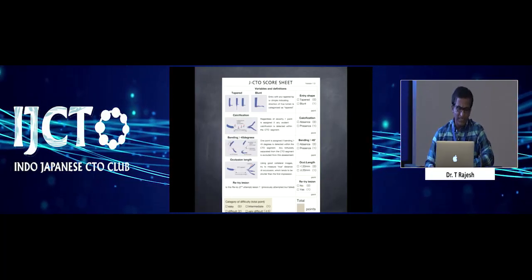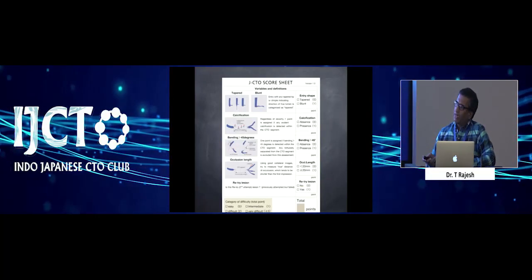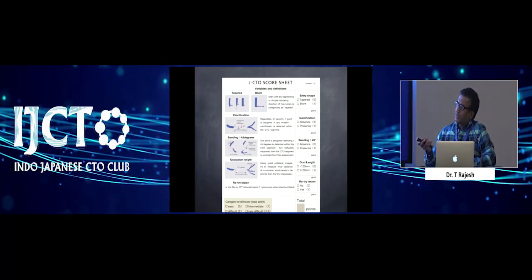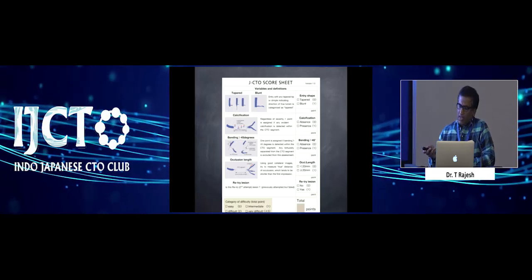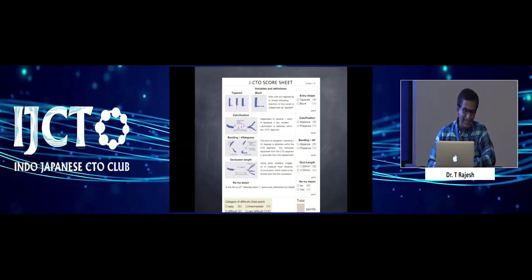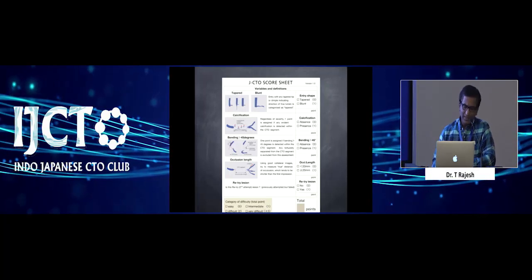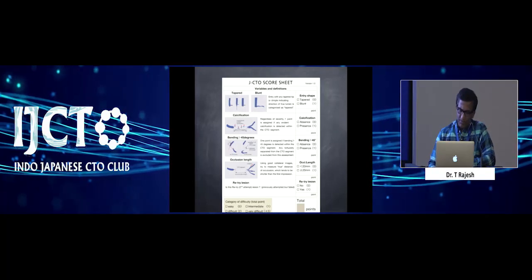All of us know the JCTO score is grossly incomplete because it just tells us about the presence of the blunt entry, calcification, the presence of bending, as well as occlusion length. It doesn't tell us anything about the duration of the occlusion, nor about whether any previous attempts have been made or not.